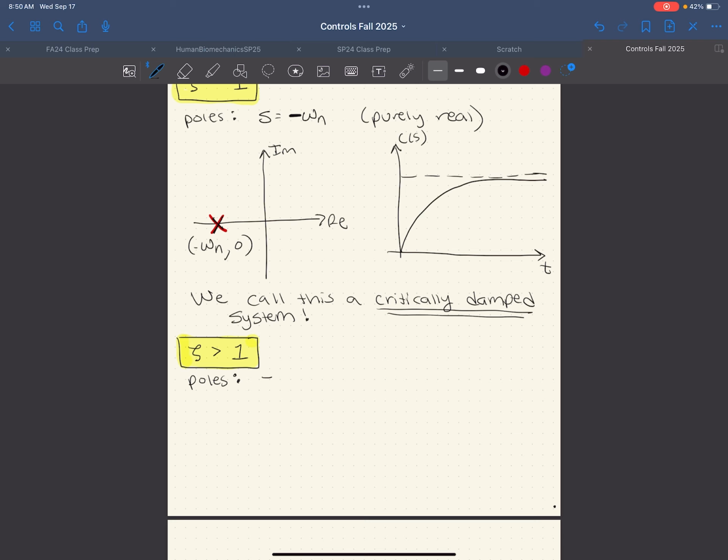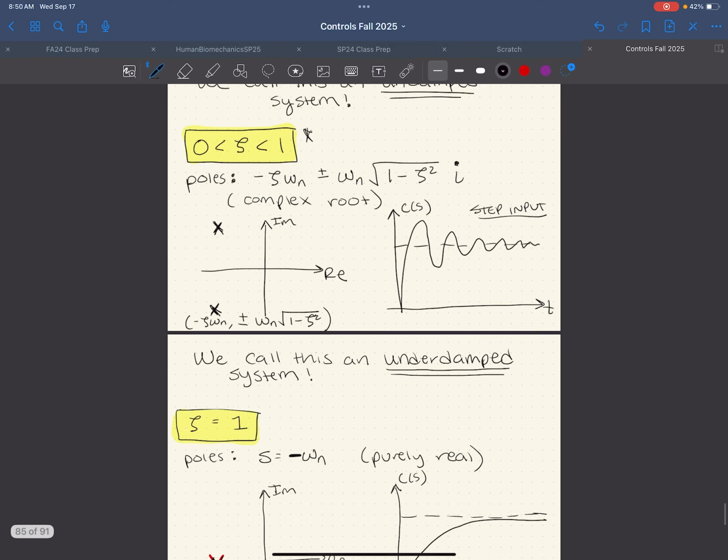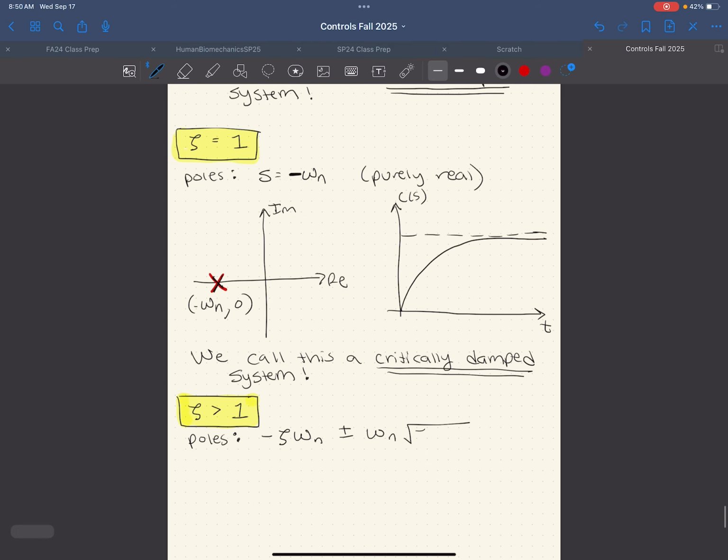Well, our zeta term doesn't go away. It's some value greater than 1. So we have this minus zeta omega n plus or minus omega n root, let's go look again, zeta squared minus 1.